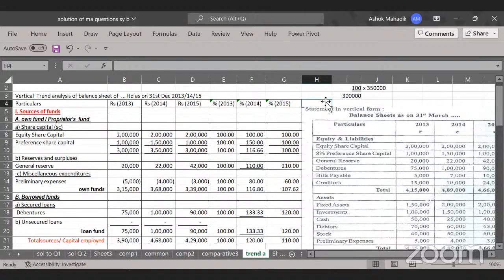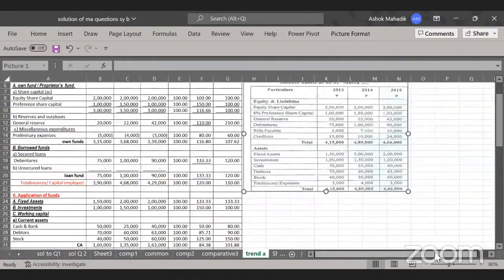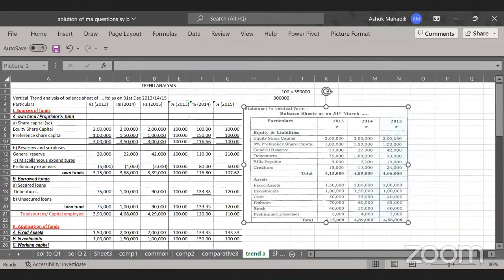Now we'll go to trend analysis. You have learned how to make the vertical format. In the same way we have to make the vertical format in case of trend analysis also. Always start with own fund, then borrowed fund. The total will be total capital, total sources or capital employed.